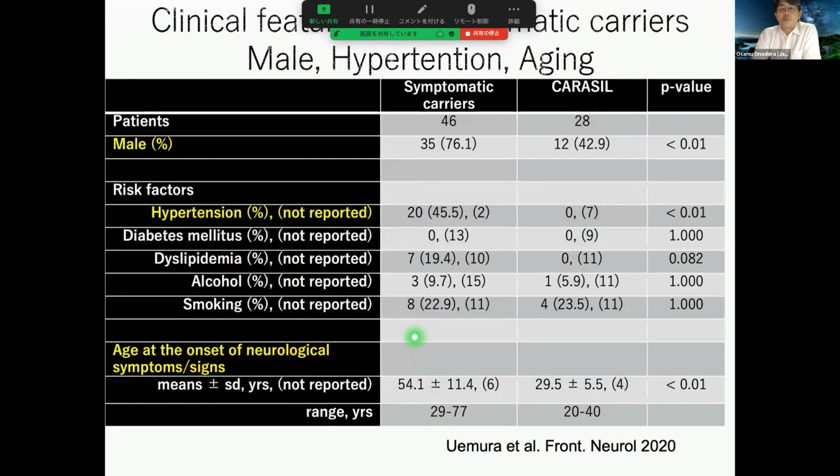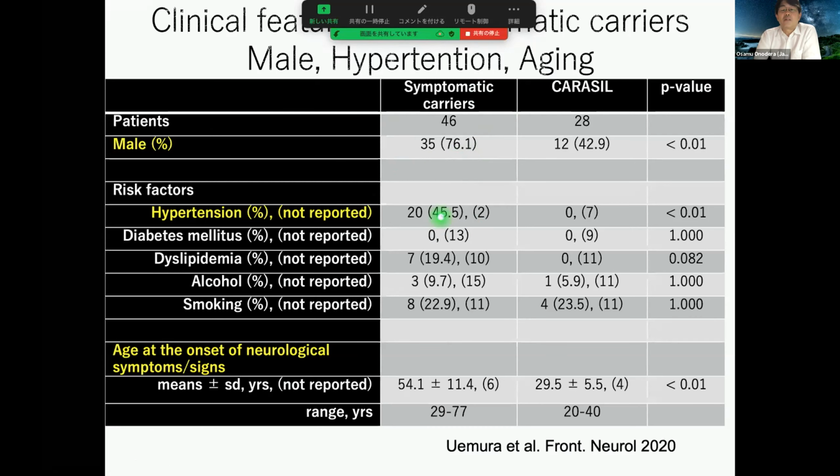Very interestingly, this is a summary from the literature. Until now, we have accumulated about 46 symptomatic carriers and 28 CARASIL patients. In the symptomatic carriers, about 76% are male. We don't know why the male predominance is observed, but it's very remarkable.